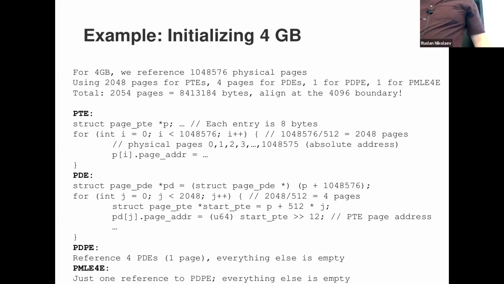So one thing that you will need to do in the project is to create an identity page table mapping. It's not just identity, there will be some questions where you have to do something different. But the first thing we want to do is map our first 4 gigabytes of RAM.